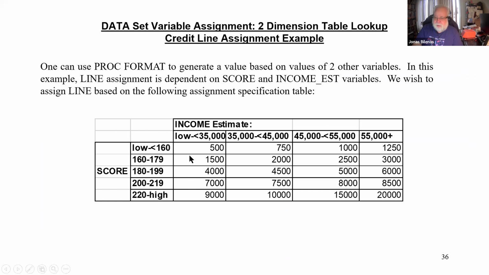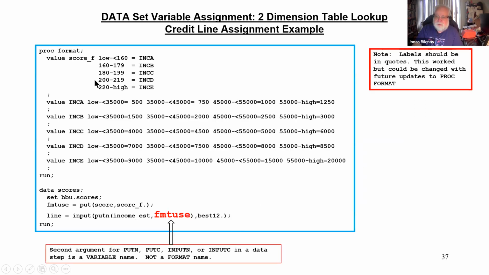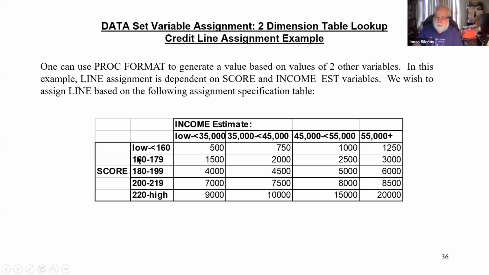So we're looking at if you have your income as these values and your score, the higher your income, the higher the score, the larger the result you want to map to these labels. So the first thing I say, if you're in this range, call it the format name I want to name this particular row.